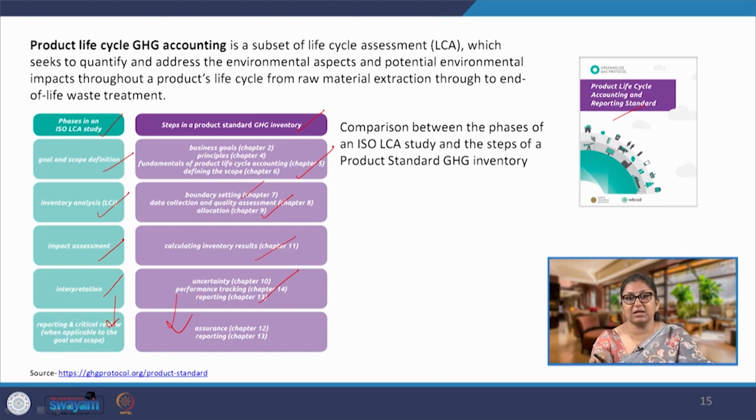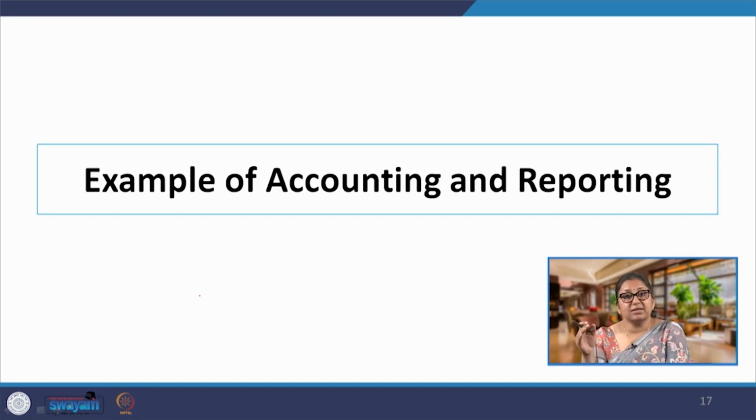This particular standard actually draws a lot from the ISO standard. The only thing being that in this particular standard, we are following steps only to account for the GHG emissions and nothing else.